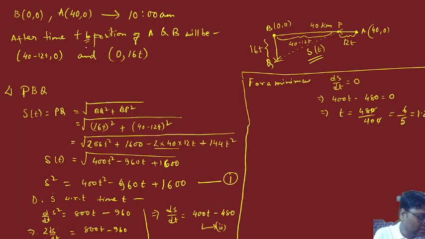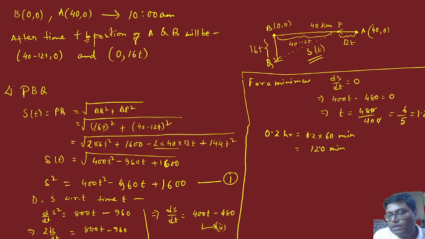As t is taken in hours, 1 hour means the beginning time is 10 am, so 10 plus 1 hour means 11. But what about 0.2 hours? If I multiply 0.2 with 60, that will become minutes, so 12 minutes.